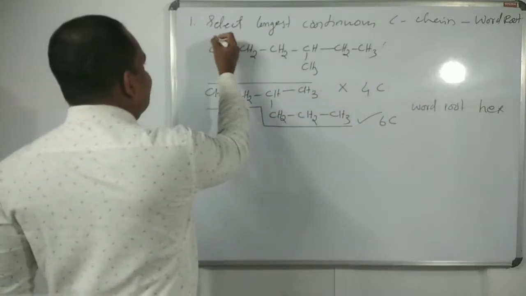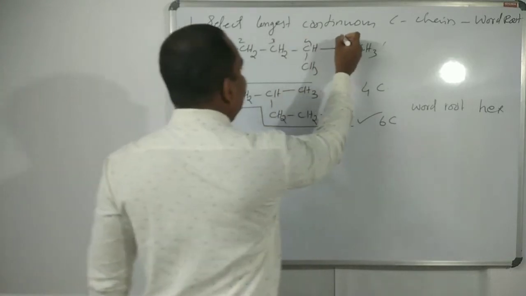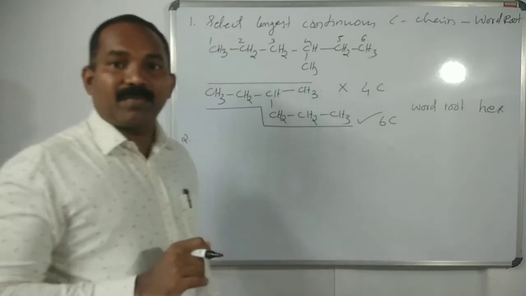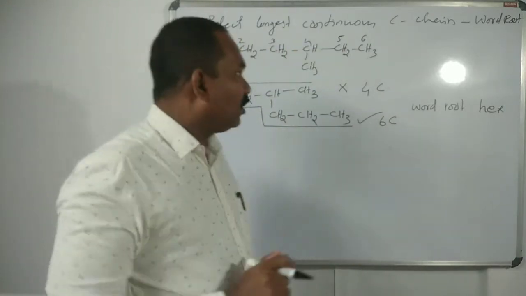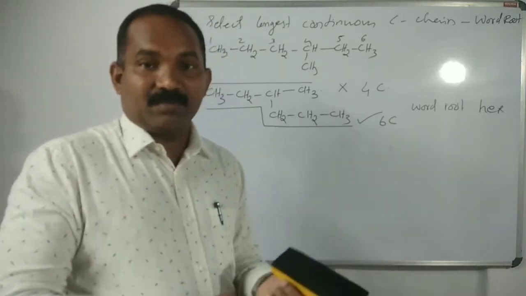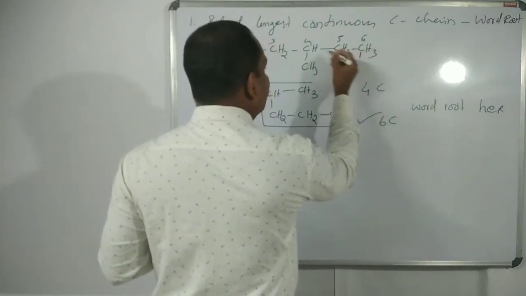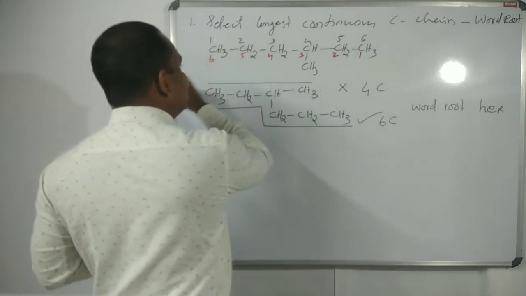This example I will take. We number from this direction 1, 2, 3, 4, 5, 6, from left to right. Also we have to number from right to left. Both numberings we have to do, 1, 2, 3, 4, 5, 6.